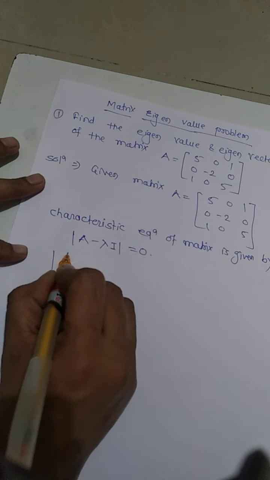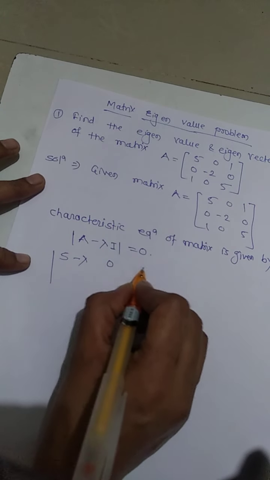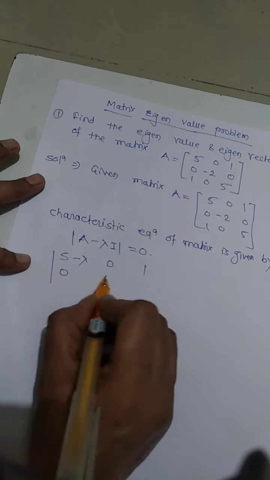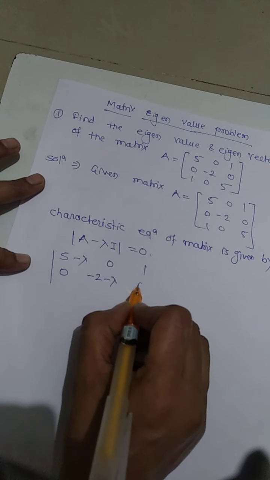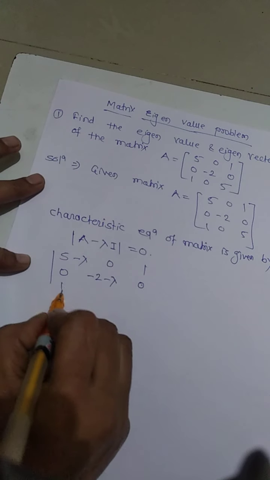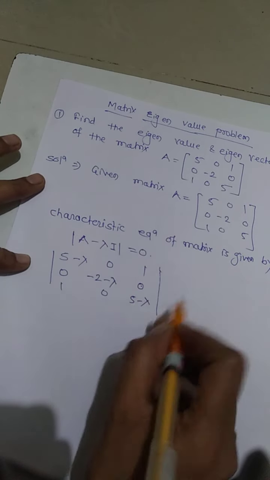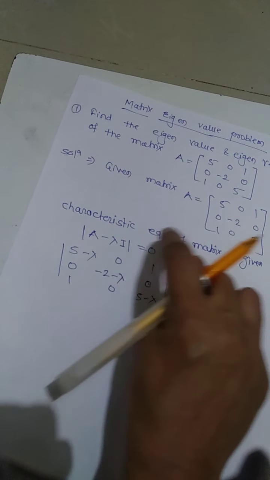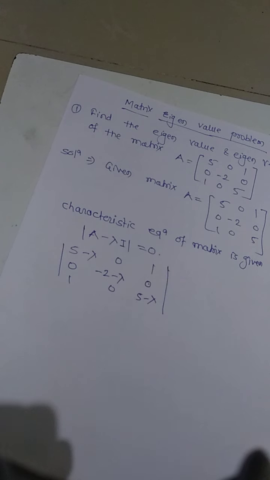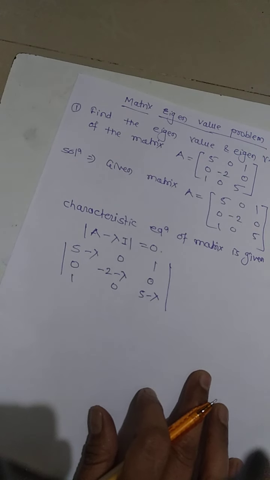Then write [5 minus lambda, 0, 1; 0, -2 minus lambda, 0; 1, 0, 5 minus lambda]. Here A is the matrix, lambda is the eigenvalue and I is the 3 by 3 identity matrix, that is [1 0 0; 0 1 0; 0 0 1], and we take the mod of this.